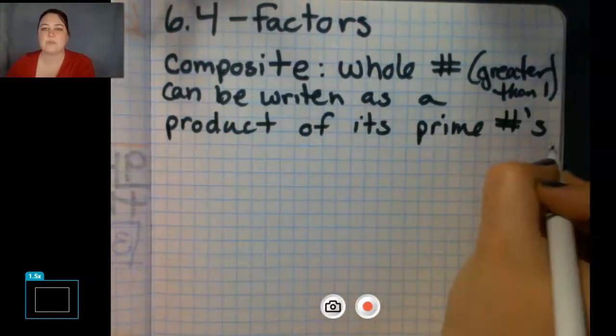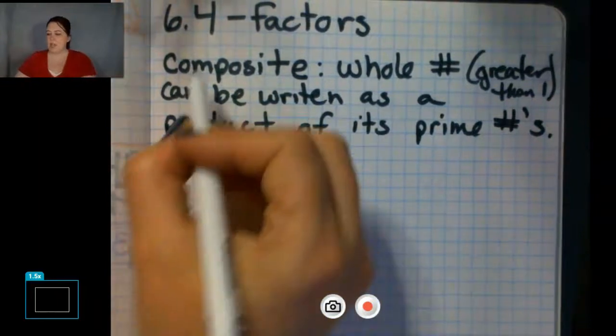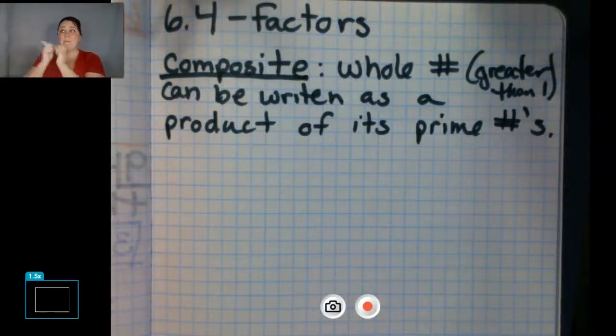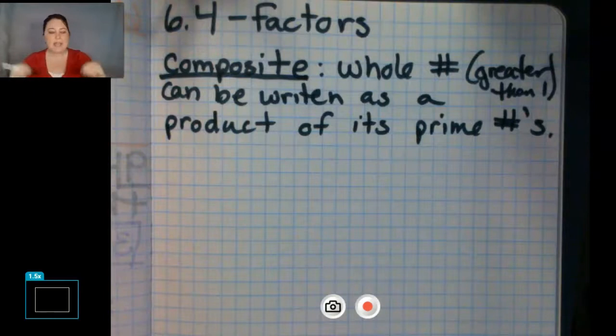You can write out numbers as well, but I know you like to shorthand it. So composite, basically two categories. Most numbers are composite. Most numbers can be broken apart into other smaller numbers in terms of multiplication.